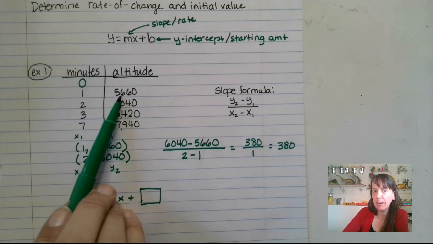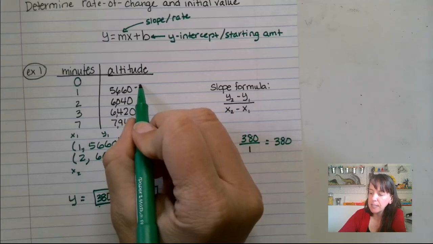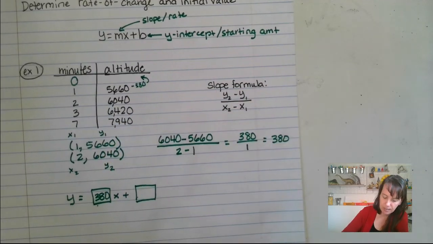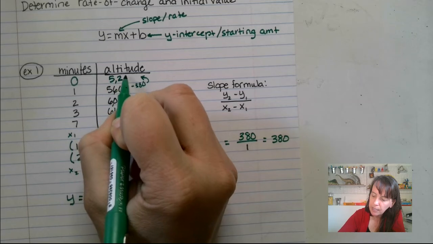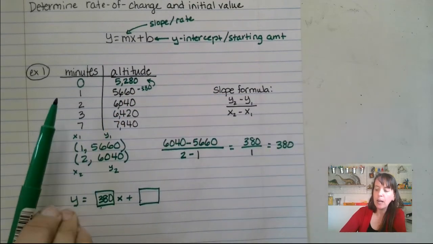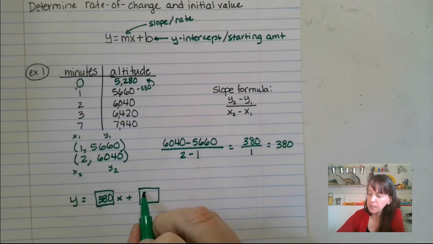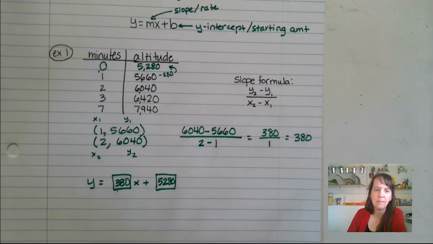If I take my 5,660 and I subtract 380, I am going to get 5,280. So when I'm at 0 minutes, my altitude is 5,280. So that's my starting amount, 5,280.